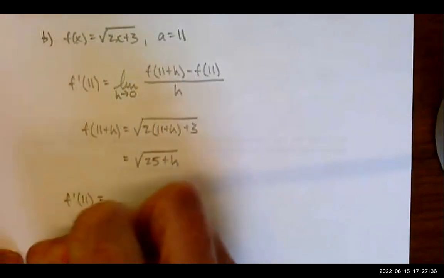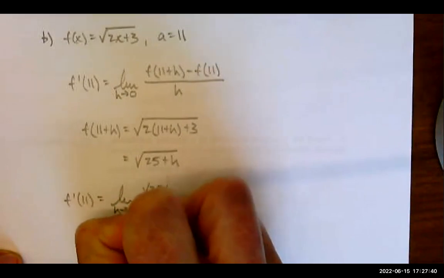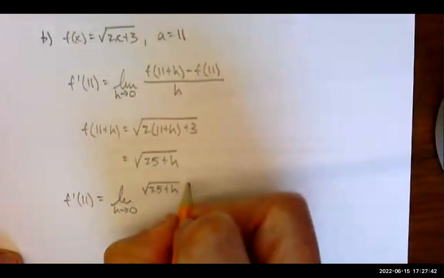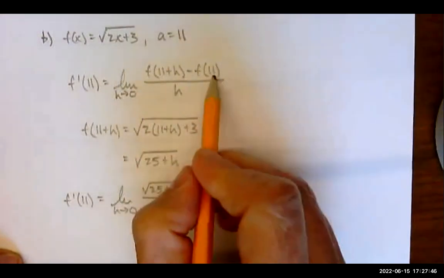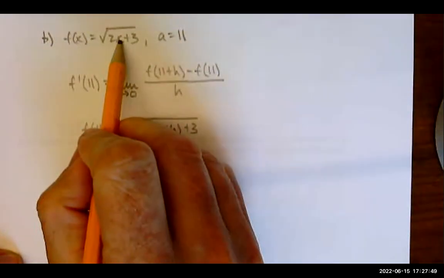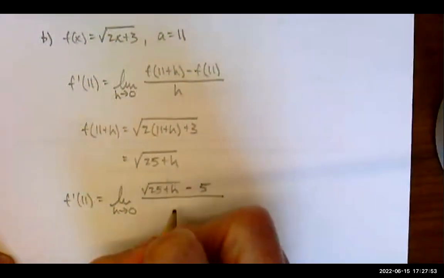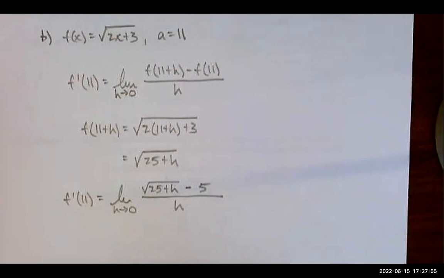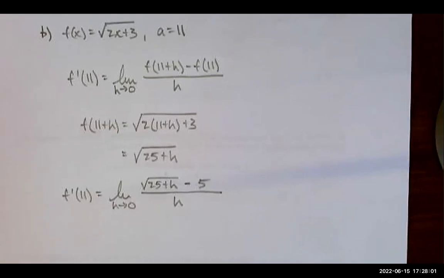f prime of 11 equals the limit, h approaches 0, square root of 25 plus h minus, we need f of 11, but same as before, that's going to work out to be 5, and then it's over h. Okay, we're set up pretty well.